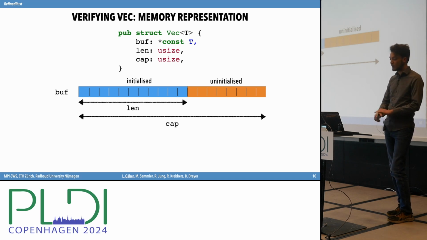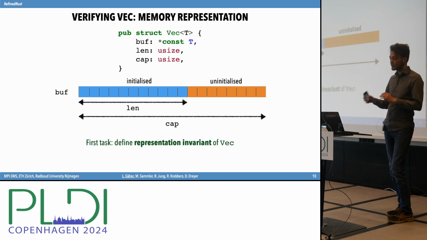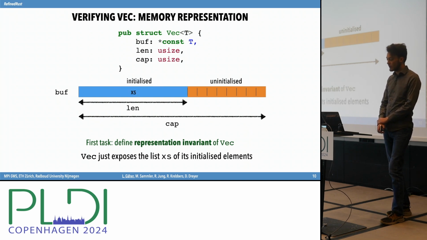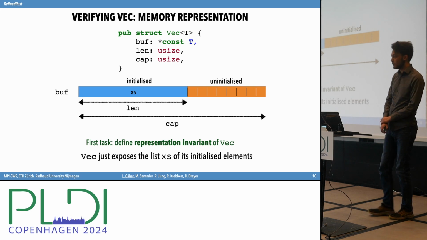Our first task for verifying Vec now in RefinedRust is to make this representation invariant formal. We would like to hide all this nasty pointer business or this memory management, and we would just like to abstract the whole vector to the mathematical list of elements contained in the initialized part, and let's call that xs. And then we want to forget about the capacity, for instance.